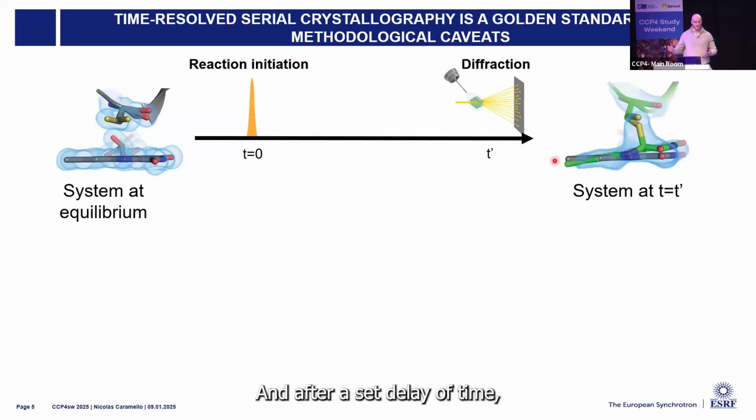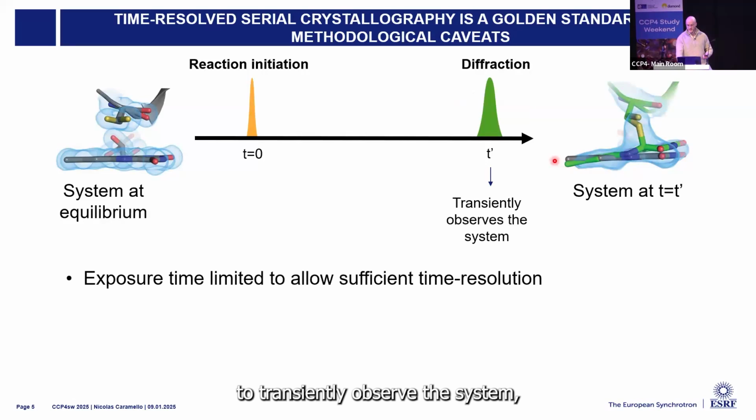And after a set delay of time, you record diffraction data. But in order to be able to transiently observe the system, you need the diffraction to be limited in time, because the duration of the exposure of your crystal determines very often the time resolution that you can achieve in your time-resolved experiments.